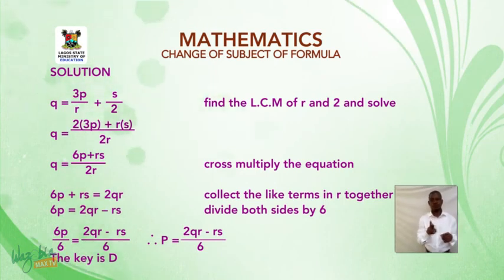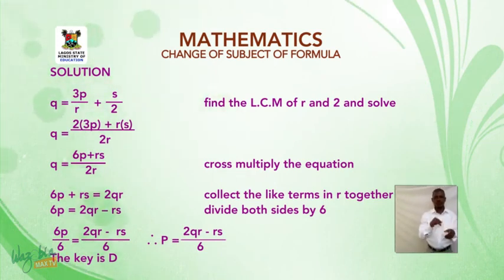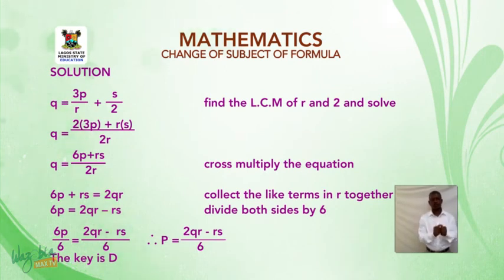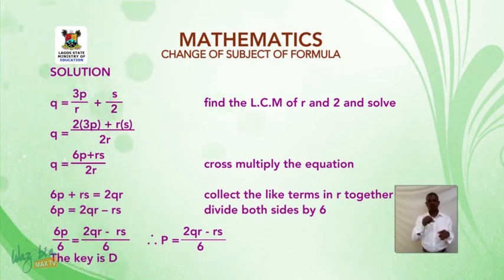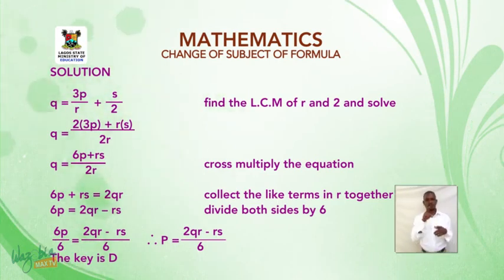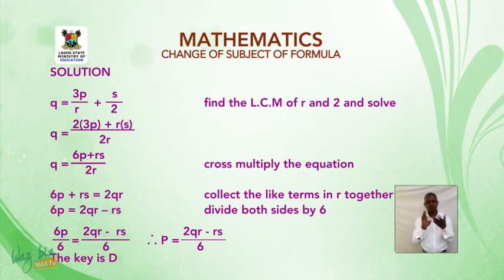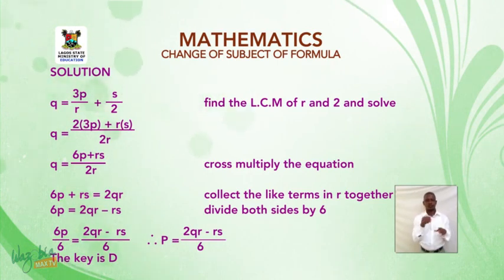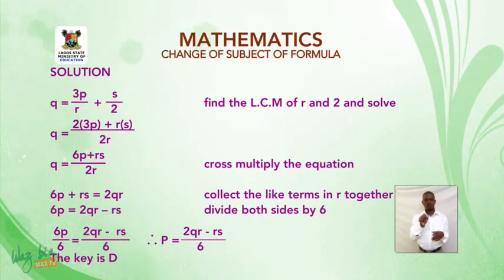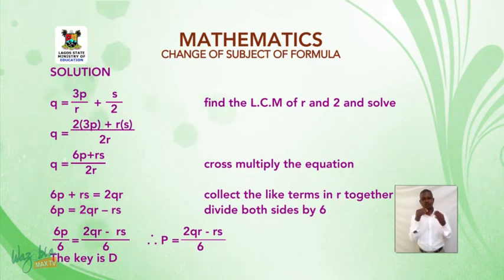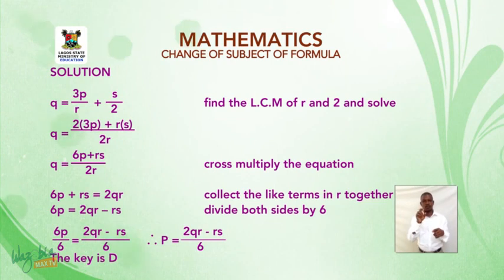Collect the like terms in R together. 6P is equal to 2QR minus RX. Divide both sides by 6. 6P over 6 is equal to 2QR minus RX over 6. Therefore, P is equal to 2QR minus RX over 6. The key is D.